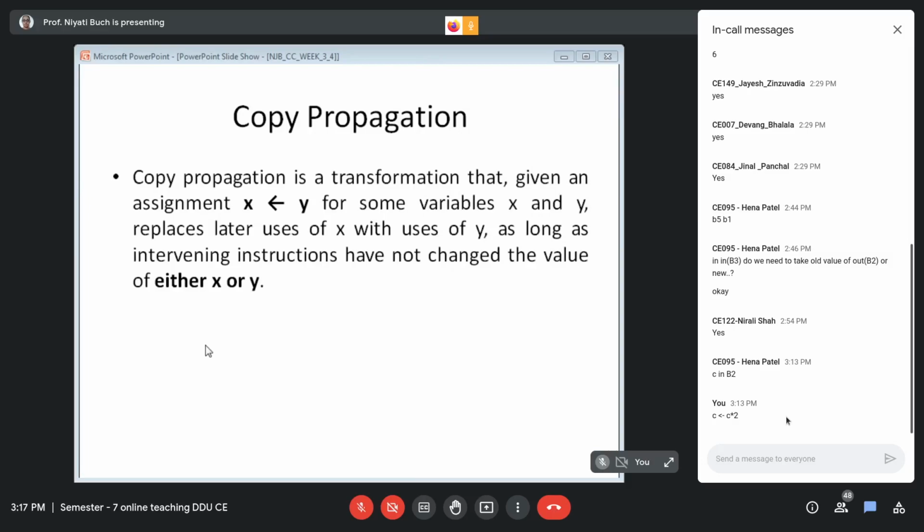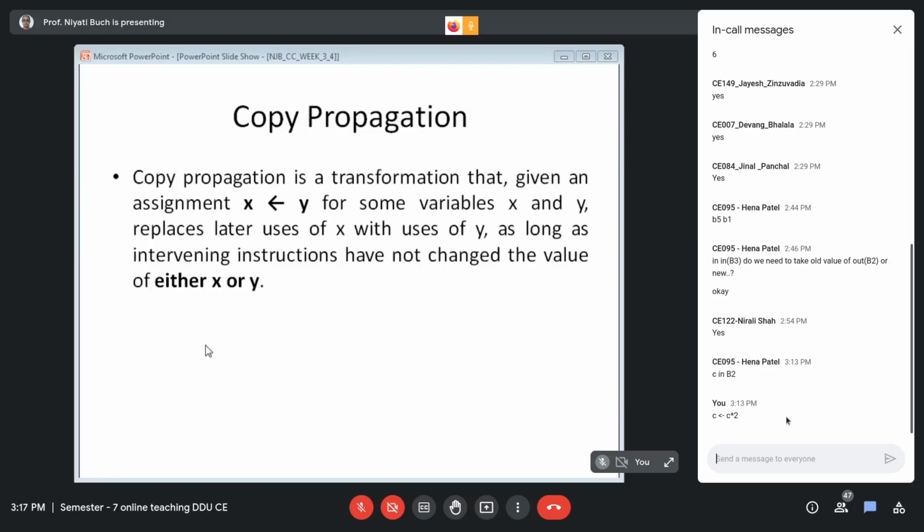What it says is, if we have an assignment, x is assigned y, and later, wherever we are using the variable y in our code, if we use x instead, it is okay, because if the value of either x or y is not getting changed, it is going to contain the same value.